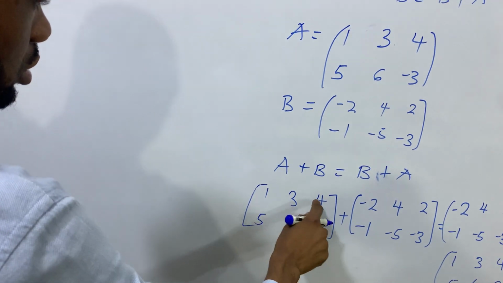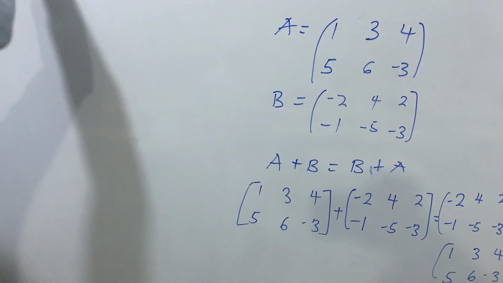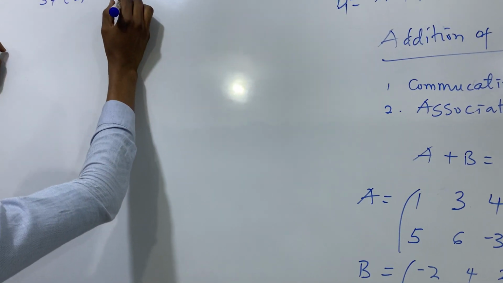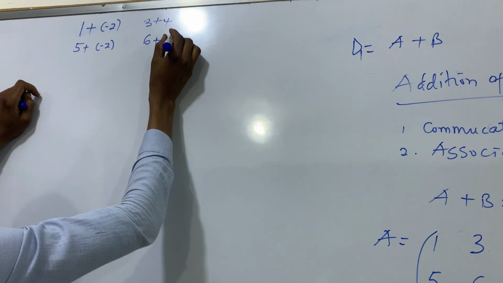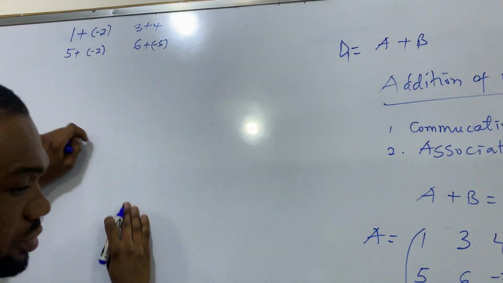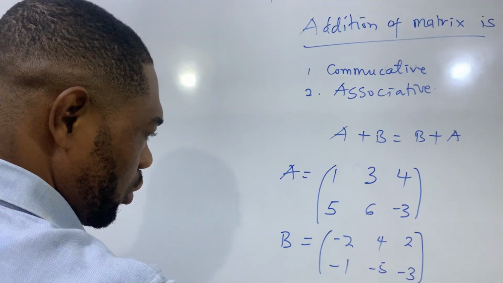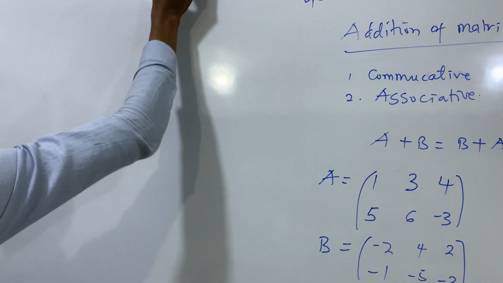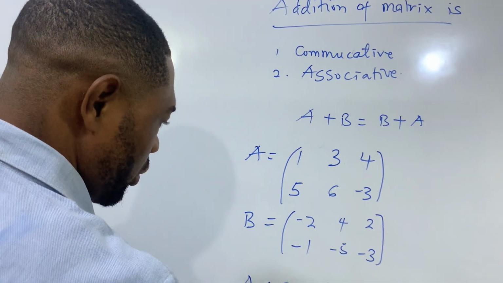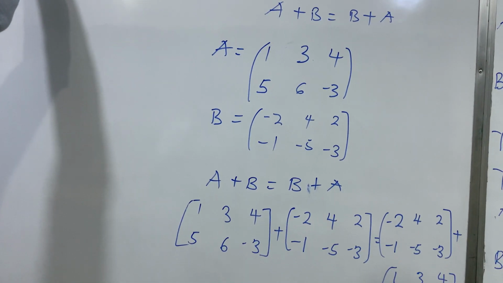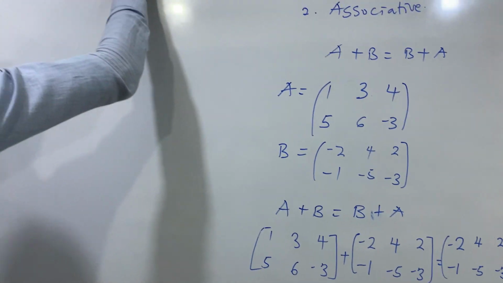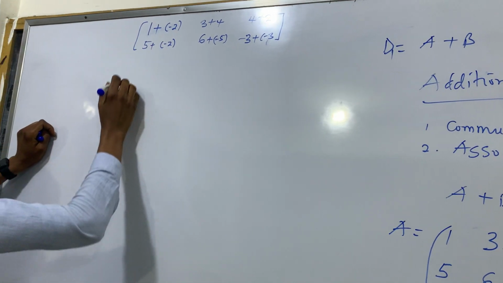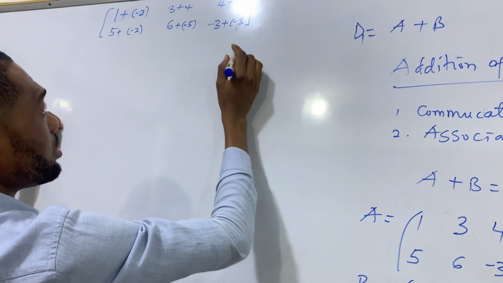So we get 3 plus 4, then 6 plus minus 5. Then the 4 we add to 2, so 4 plus 2. The minus 3 goes with minus 3, so minus 3 plus minus 3.